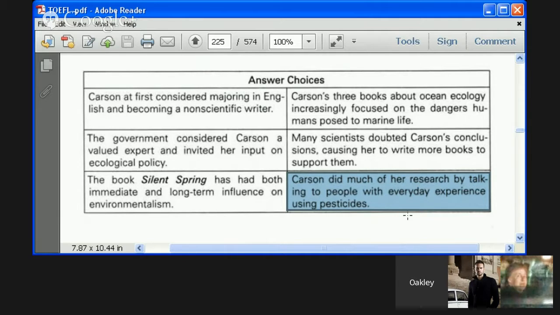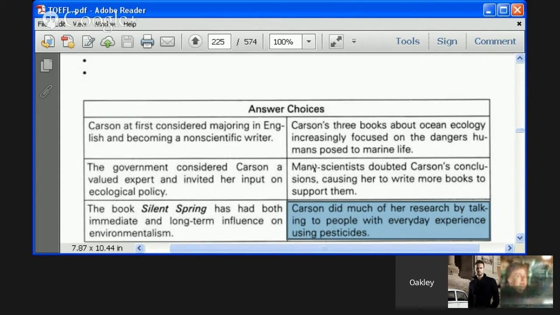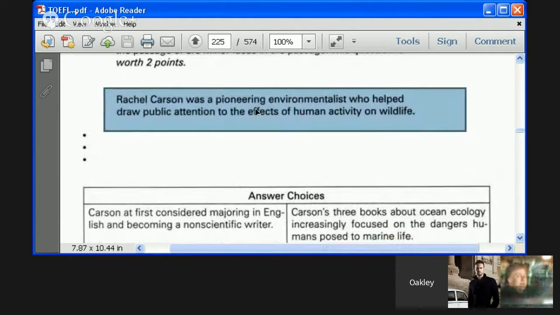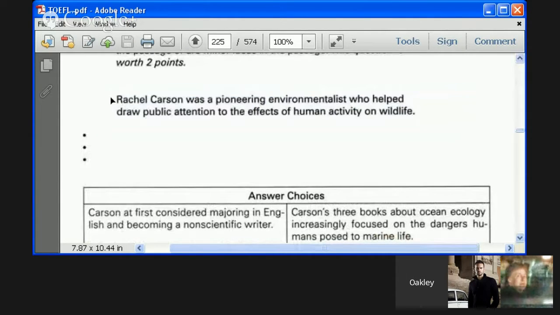Okay, last one, Ken. Carson did much of her research by talking to people with experiences using pesticide. It's kind of explaining the way of her research. Yeah, and so it's not a perfect match to this. No, this says nothing about her research.